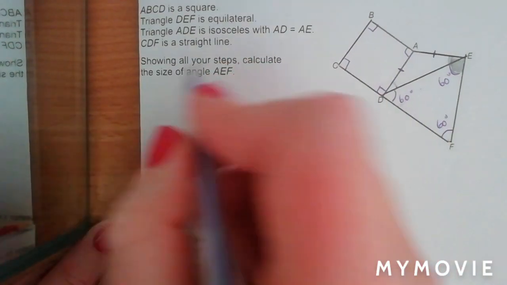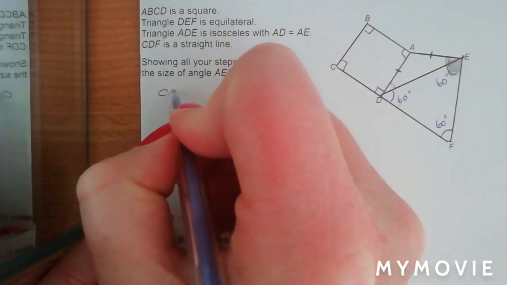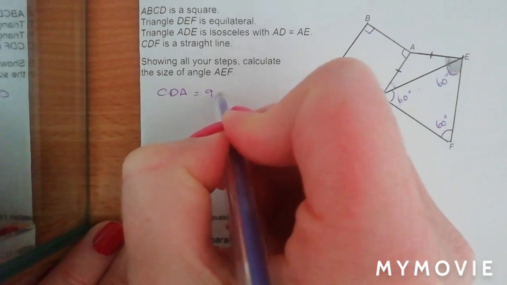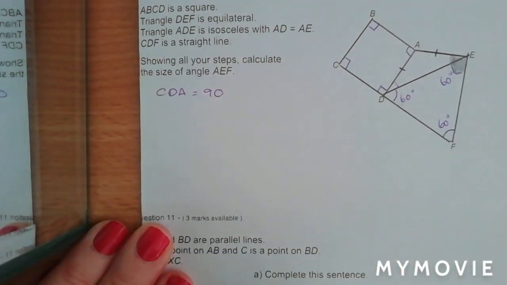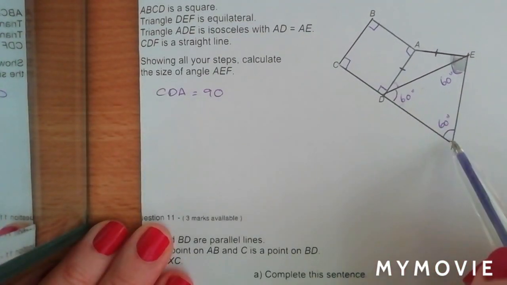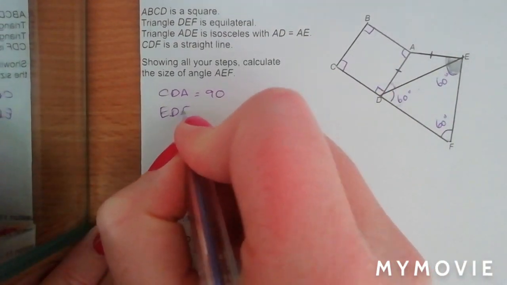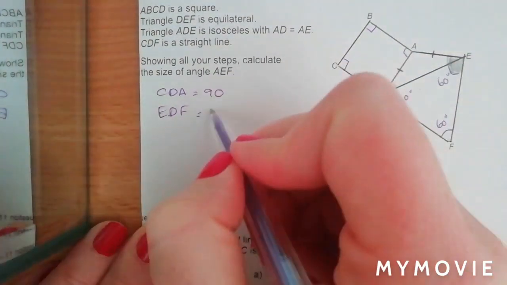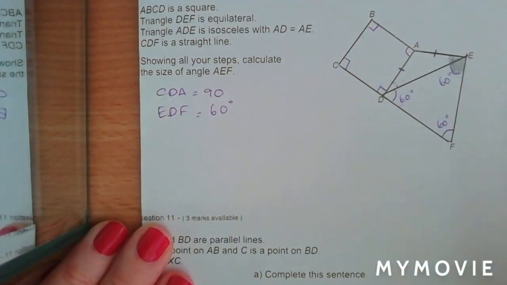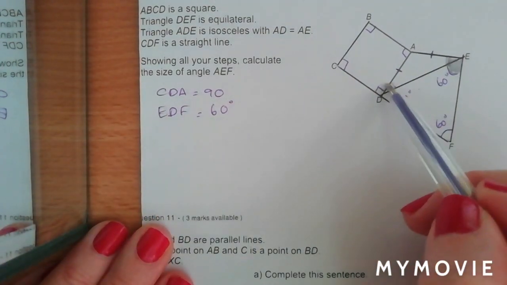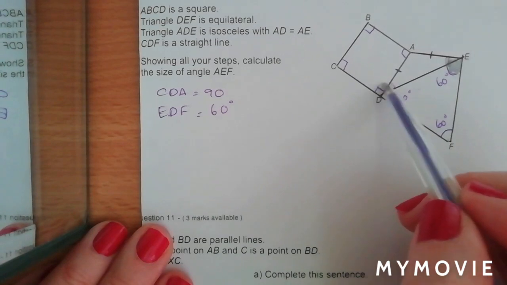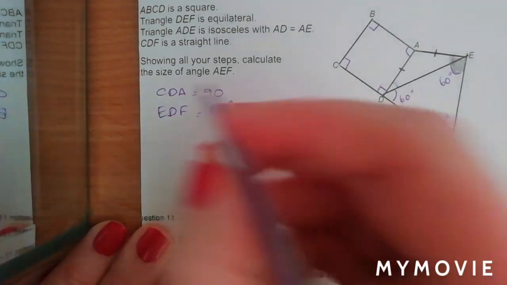So I would start off by writing CDA is equal to 90, that's from the square. We know that this one, EDF, is equal to 60 degrees. We know this angle here, CDF, like on the straight line, that would add up to 180.